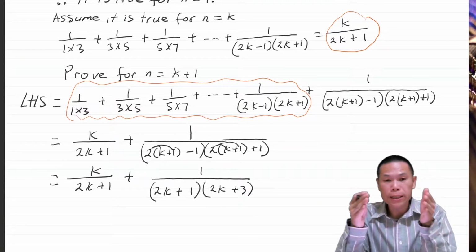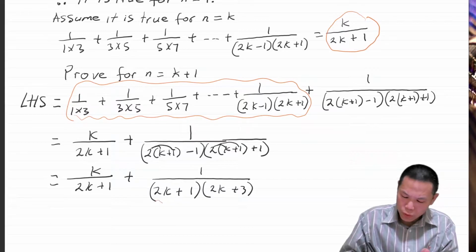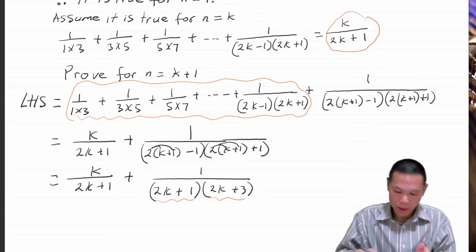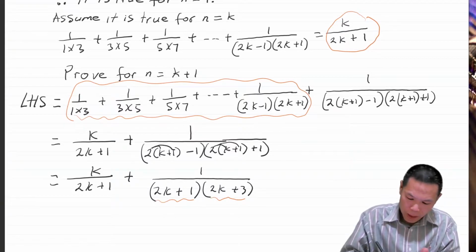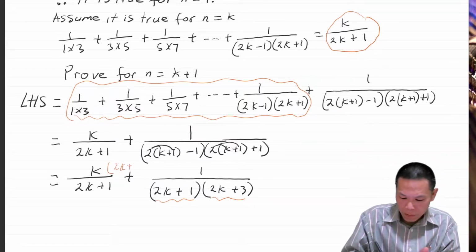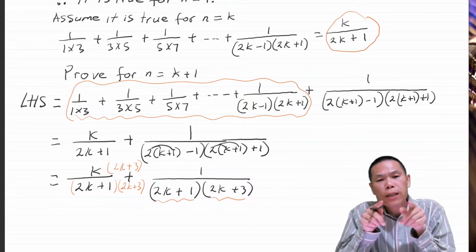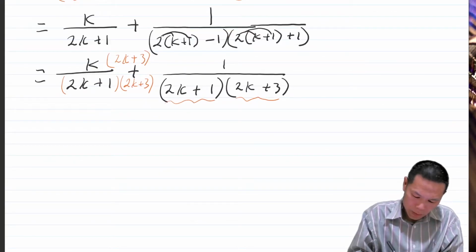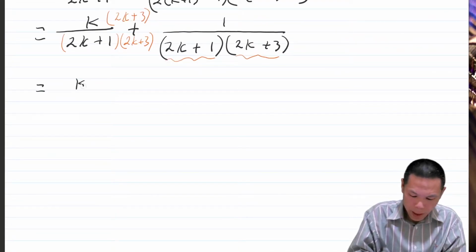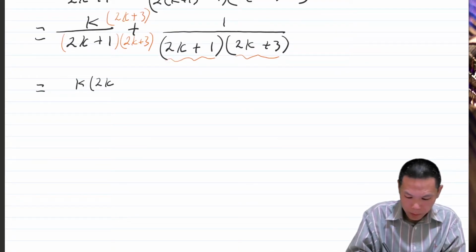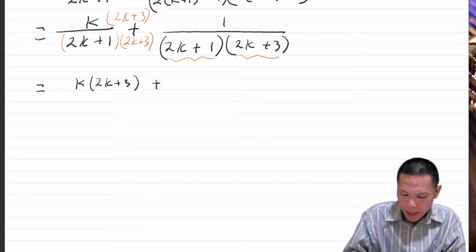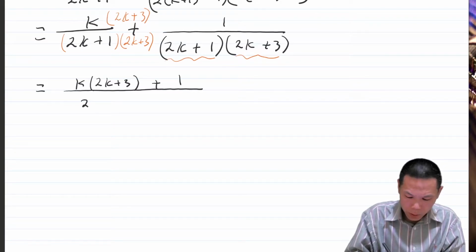So the common denominator for this is 2k plus 1 and 2k plus 3. So in another word, I times this by 2k plus 3. And the bottom is times by 2k plus 3. So I'm going to write this in one fraction. So that equal to k times 2k plus 3 and we add 1 over 2k plus 1 and then 2k plus 3.